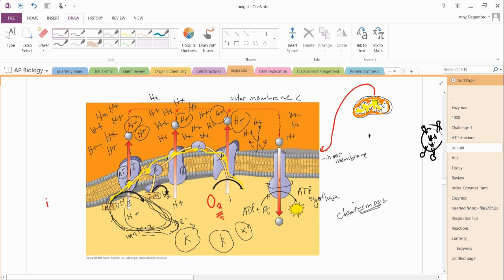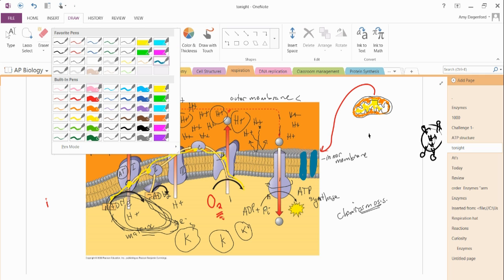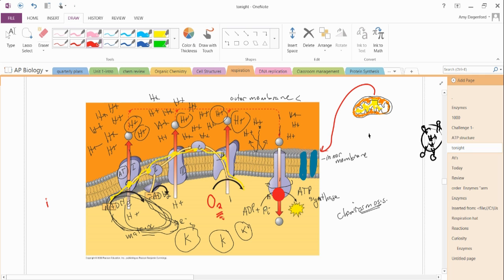Now I want you to think about a couple of things. I want you to think about, what if we had a molecule that unfortunately made a hole through this membrane? So that's scenario one. And then I want you to think of a couple of other scenarios. What if we then had another molecule that could block this ATP synthase?